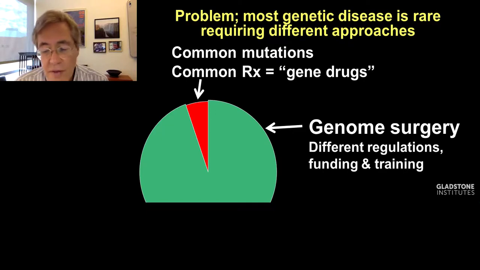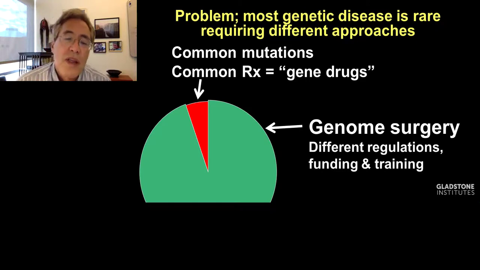Those are obviously of great importance, there's no question about that, and the pharmaceutical and biotech companies are pursuing those. But the vast majority of genetic disease is really not amenable to that sort of standard model. And one thinks about a different model, perhaps, to approach these rare diseases.